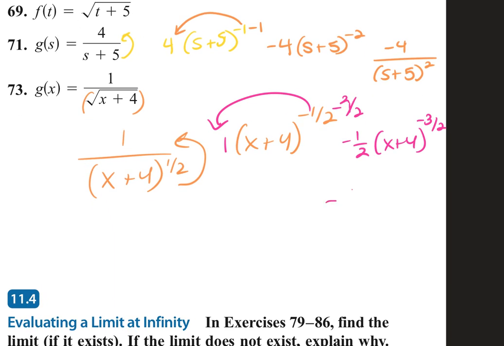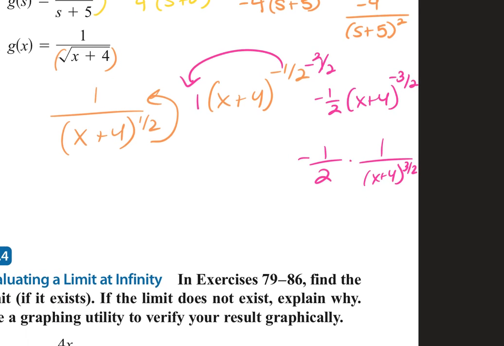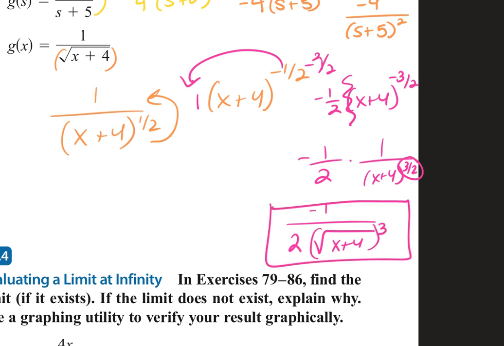So then the negative 1/2 gets multiplied by 1 over x plus 4 to the 3/2. Why multiply? Well, because they're two different terms. Then we're going to combine them. So it'd be negative 1 over 2. And then anything raised to the 3/2 is the square root of that cubed. So that's the simplified version of it.